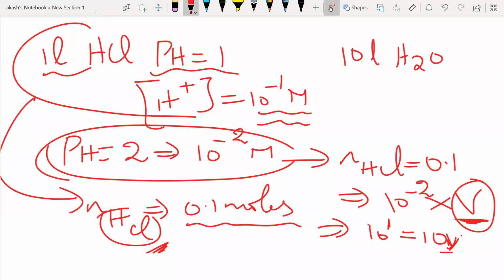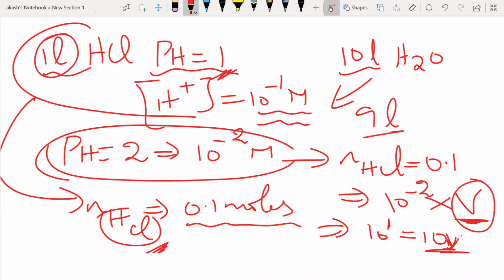That's what I calculated here. That means 9 liters, because 1 liter was already there here. I would have added extra 9 liters. That's what they're asking: how many more liters of H2O you should add to convert the pH from 1 to pH equal to 2 by diluting, by adding more water.